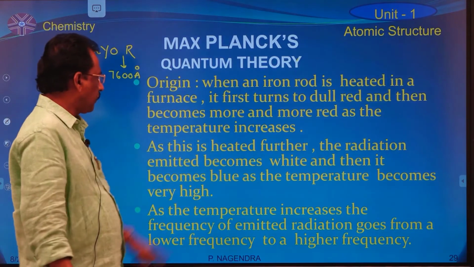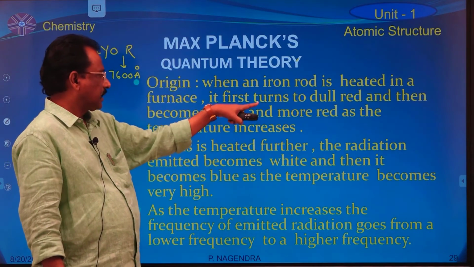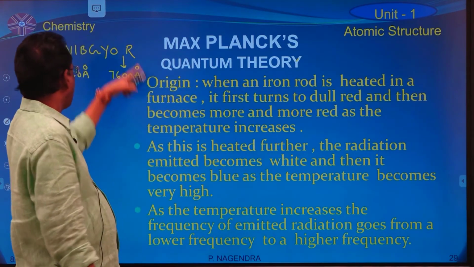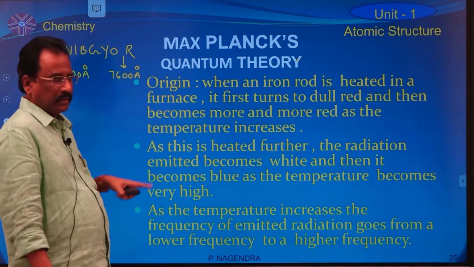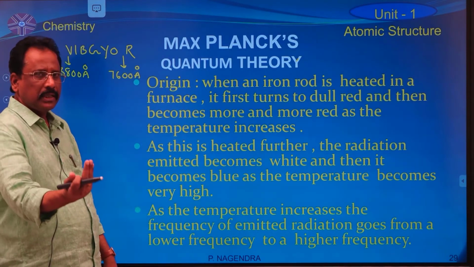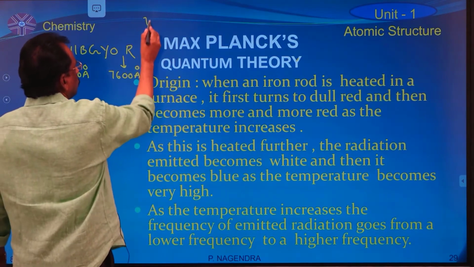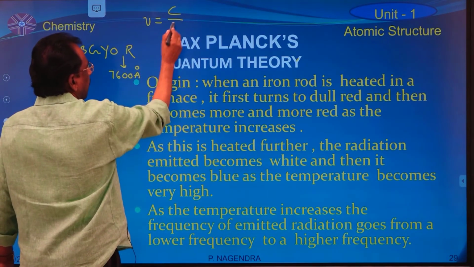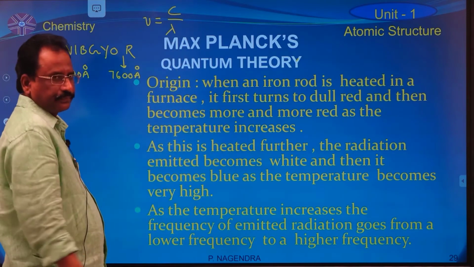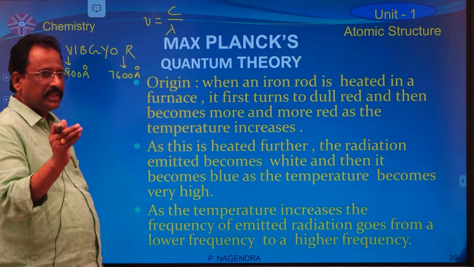In the first stage, the color is a red color. That means for red color, lambda is more, so frequency is less. Nu is equal to c by lambda. So if lambda is more, the frequency of that radiation is less.